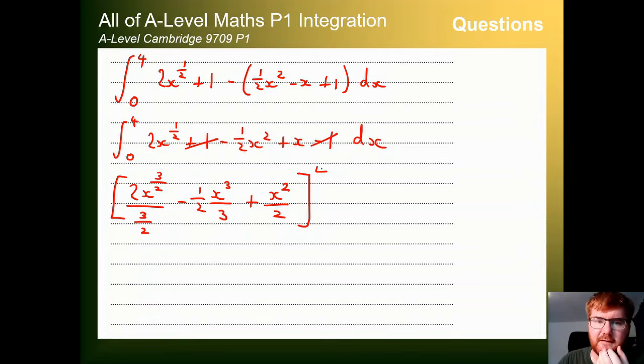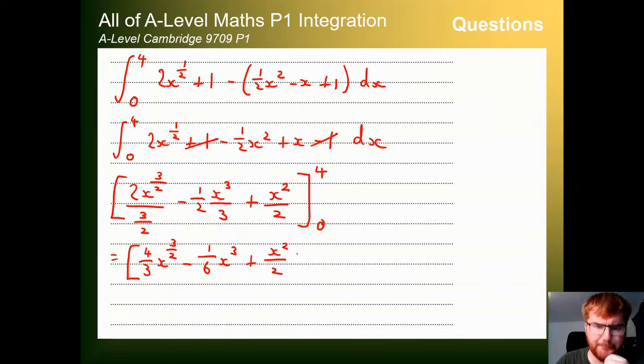Let's simplify this down first. Dividing by 3 over 2 is the same as timesing by 2/3, so that gives us 4/3 x to the power of 3 over 2. This becomes 1/2 times 1/3, which is 1 over 6 x cubed, and then this stays the same.